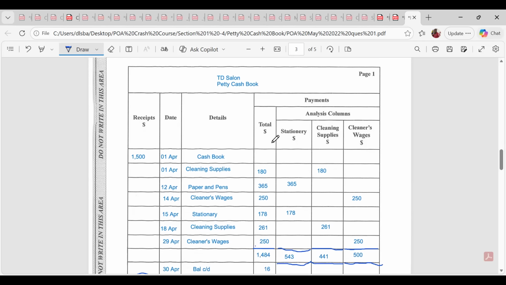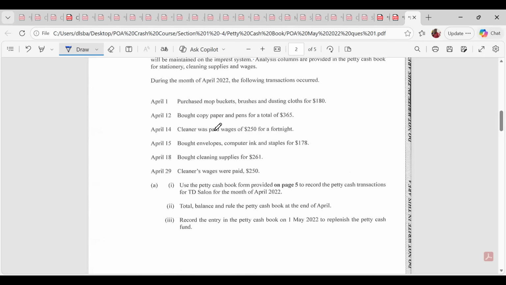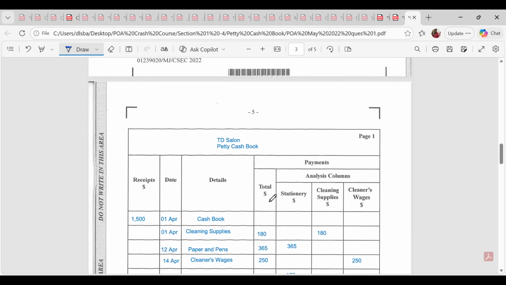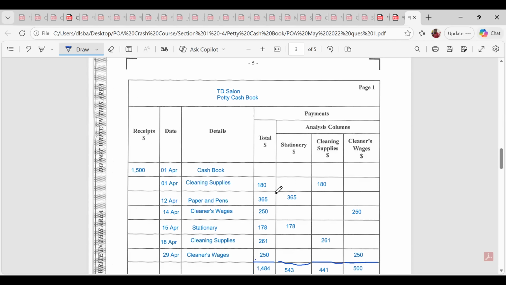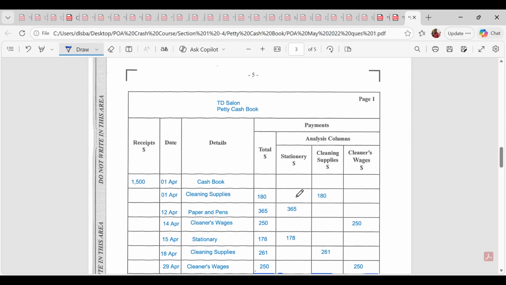Now, each of these transactions here will be recorded in a relevant payments column. If it's for stationery, you'll record it under stationery. If it's anything to do with cleaning supplies, it goes under cleaning supplies. If it has anything to do with wages, you record it under wages. And then you'll record the amount under total as well.